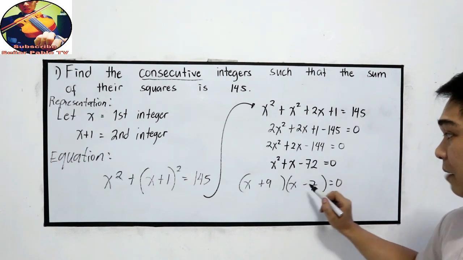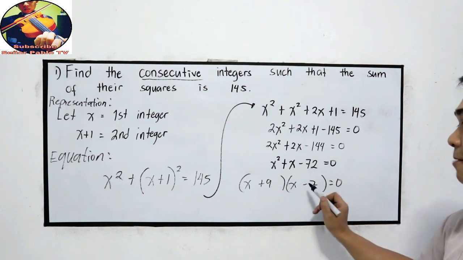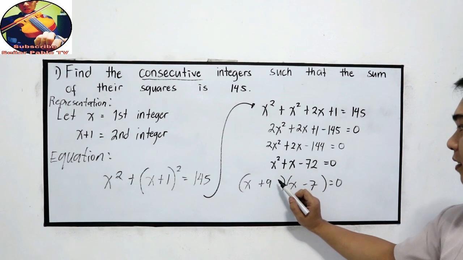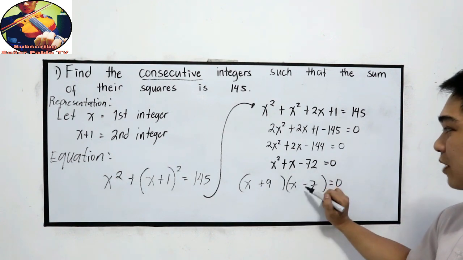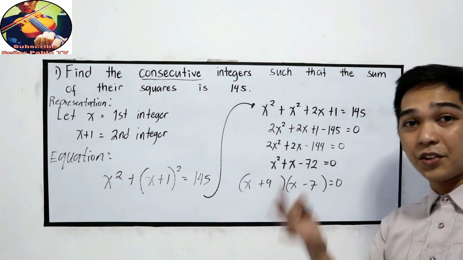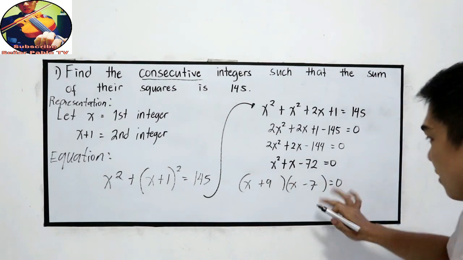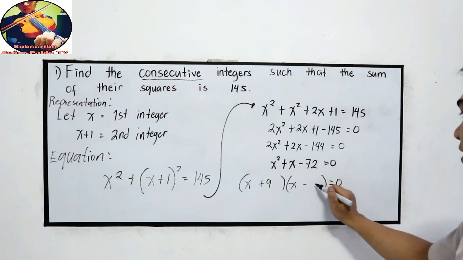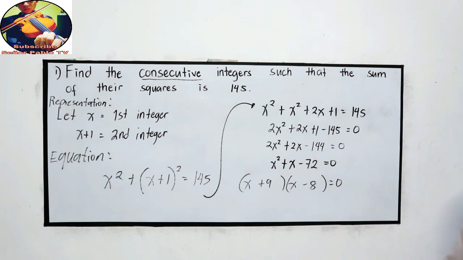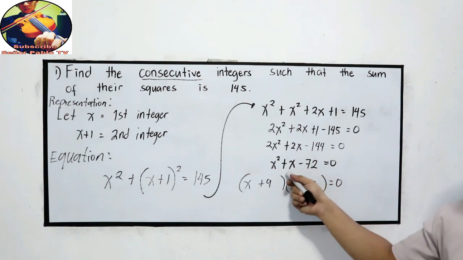Check natin: 9 times negative 7... oh, 72. That should be 9, 18, 27, 36, 45, 54, 63, 72. 9 times 8, I'm so sorry for that. 9 times 8, 72. 9 minus 8 is 1, so (x + 9)(x - 8).